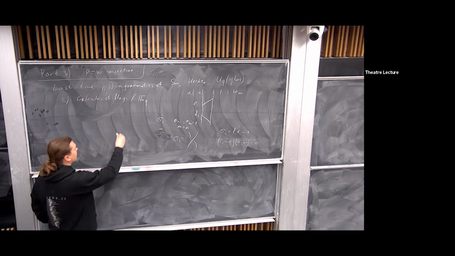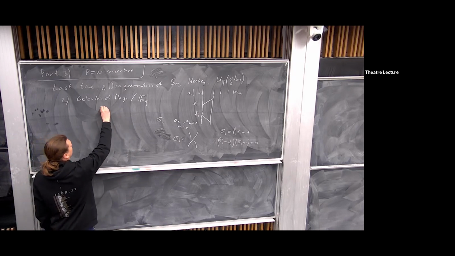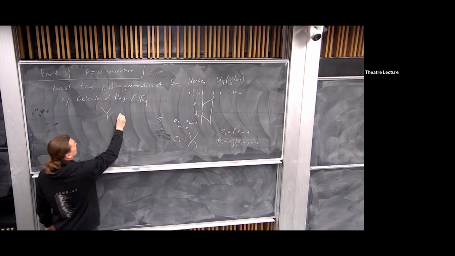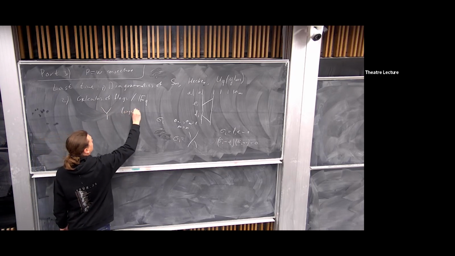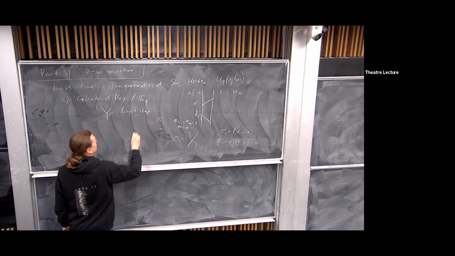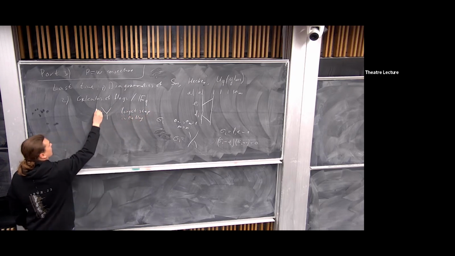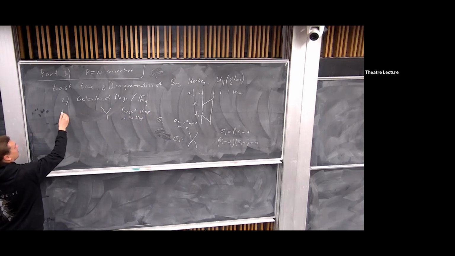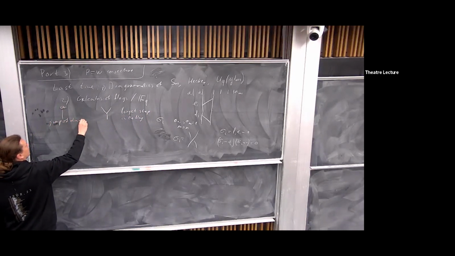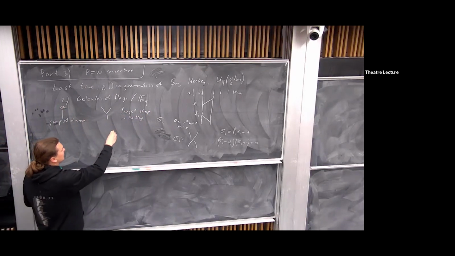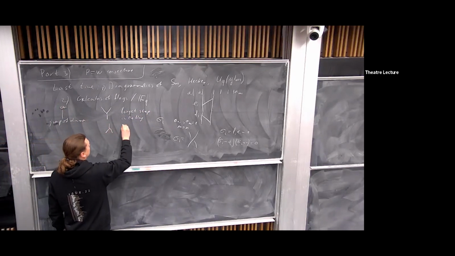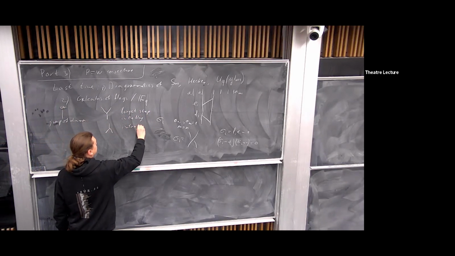So in particular, whenever you see something like this, it means forget a step in the flag. If I have a line like this, it means the jump of dimension equals A. This means forget a step in the flag, and this means introduce it in all possible ways.